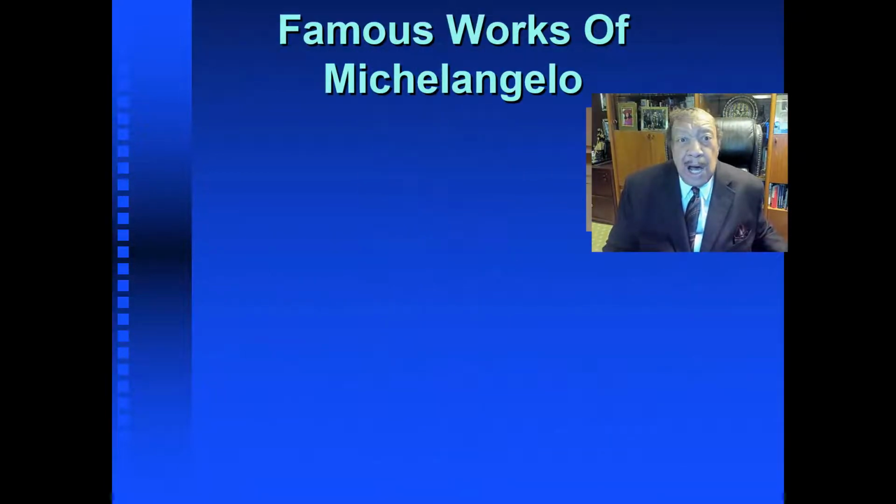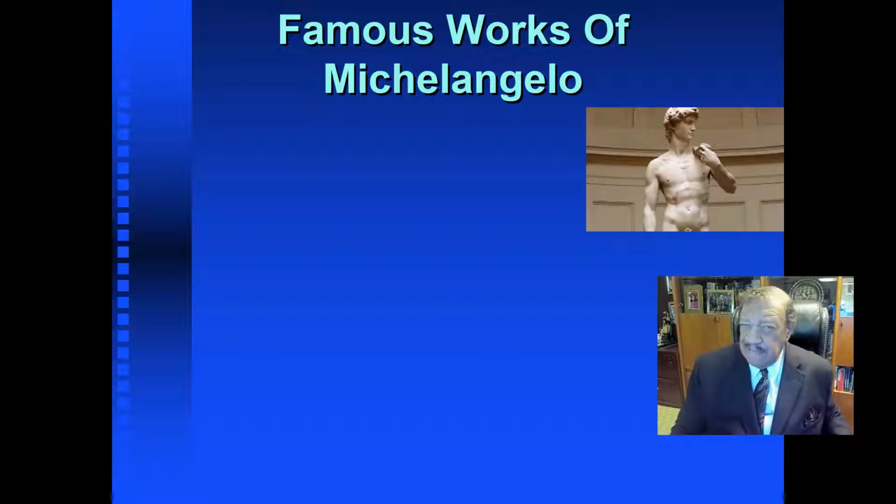He had many works that he created. As a matter of fact, he started many projects that he never finished, but those he finished were just absolutely spectacular. We're looking at just a peek of his David, and then we will see his Moses, and we will see other biblical characters. Why?